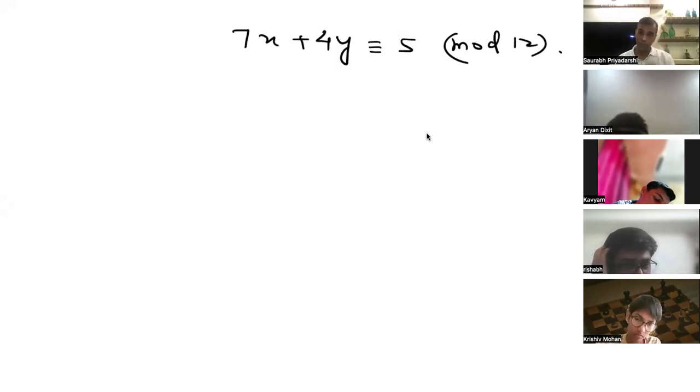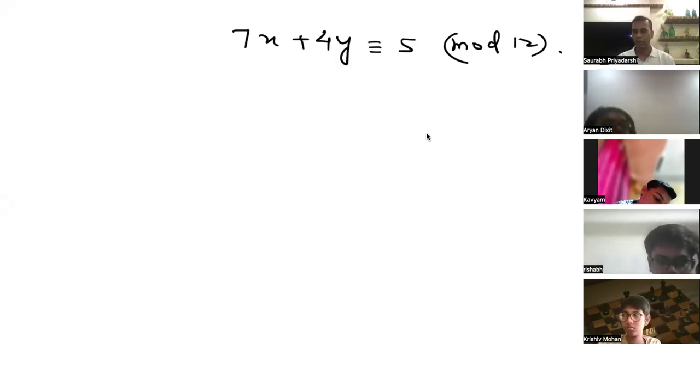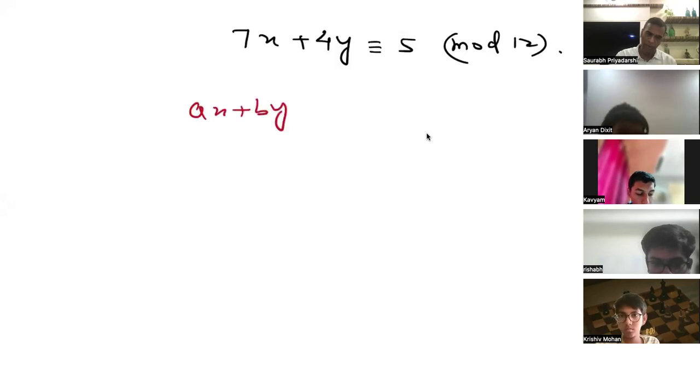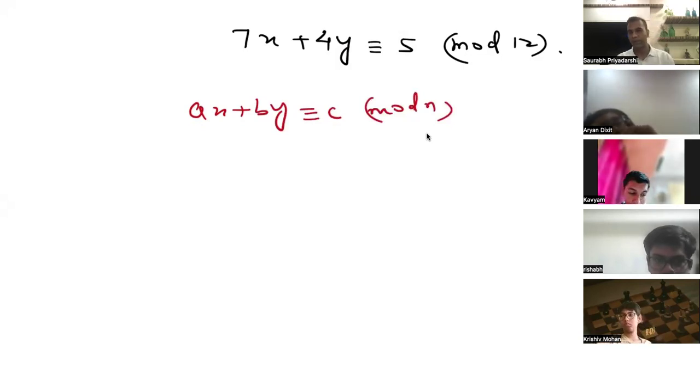Let's start. The concept is for when we have to solve the linear congruence equation, if it is given in this form, ax plus by congruent to C mod n, right?